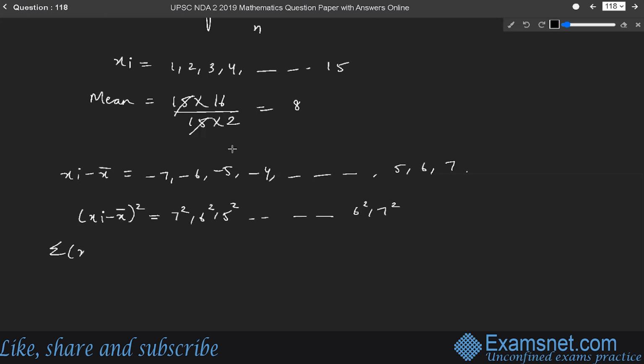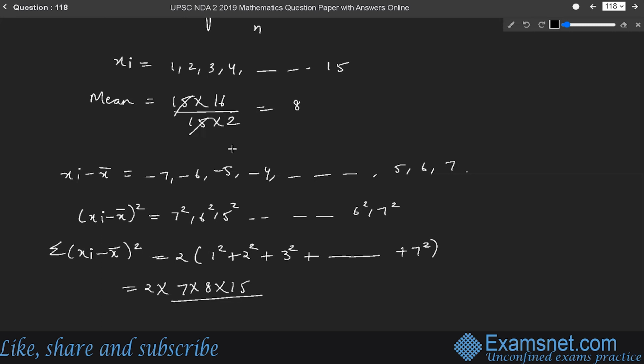So summation of xi minus x bar whole square will be 2 into 1 square plus 2 square plus 3 square plus so on up to 7 square. So it will be 2 into 7 into 8 into 15 divided by 6. So 2 and 6 will be cancelled. Again 3 and 15 will be cancelled.